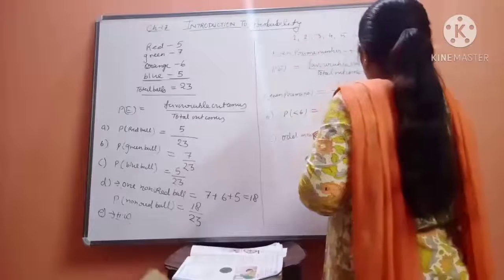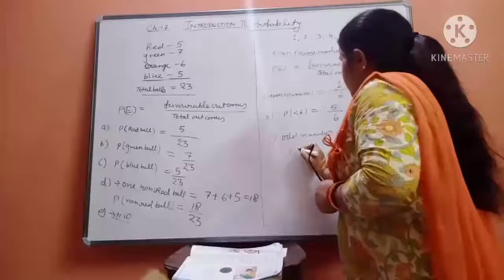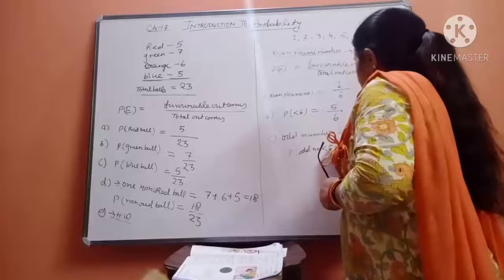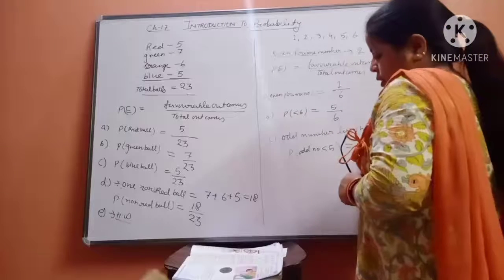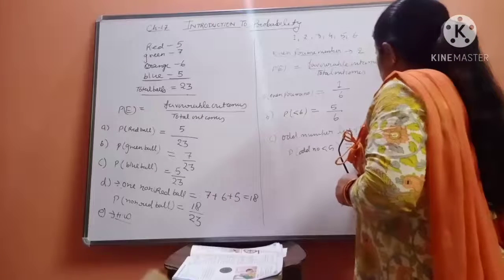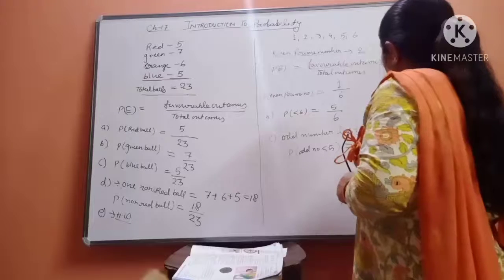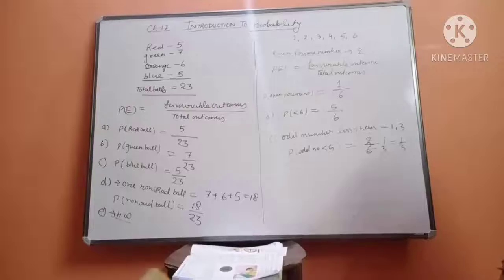Less than 5 are 1 and 3. So the probability of odd number less than 5, how many chances are there? 2 possibilities. 2 upon total outcomes, how many, beta? 6. So 2 ones are 2, 2 threes are 6. So it will be 1 upon 3.